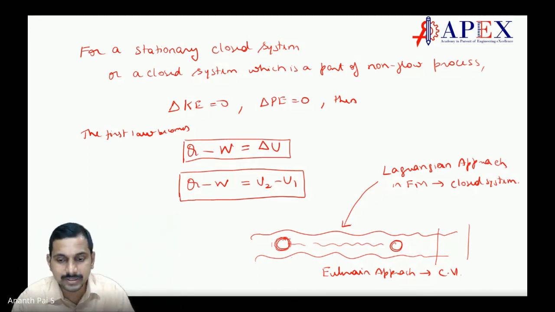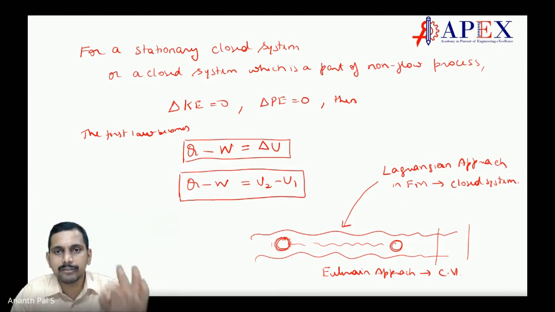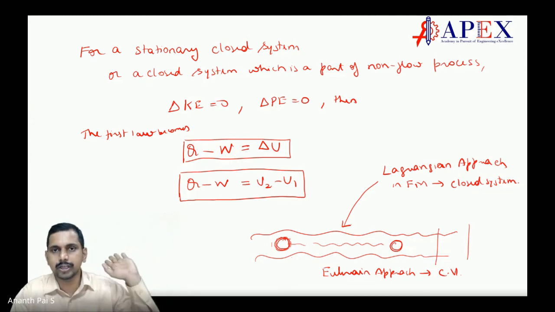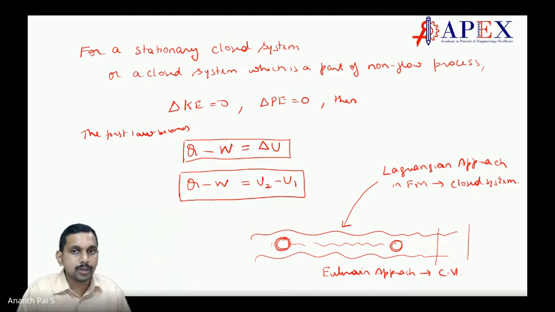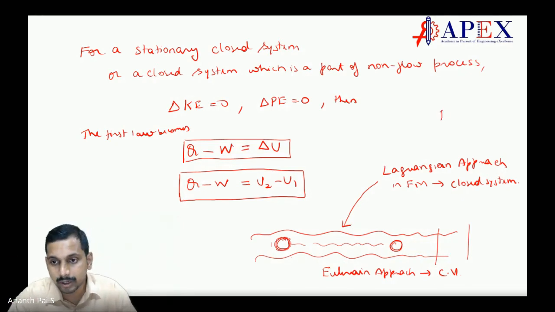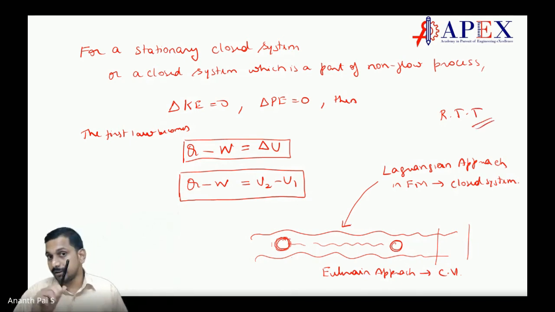Make sense? All the laws of physics are for closed system, for control mass, not for the control volume. To convert the laws of physics, which are told for control mass, into control volume, we use something called the Reynolds transport theorem, which I will derive in calculus, students, in the morning classes.